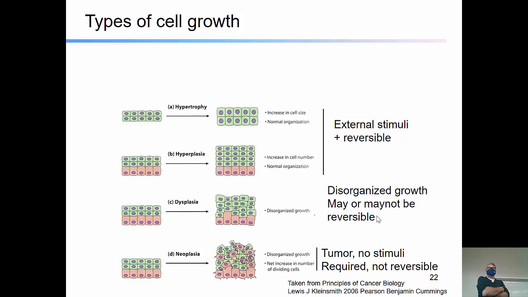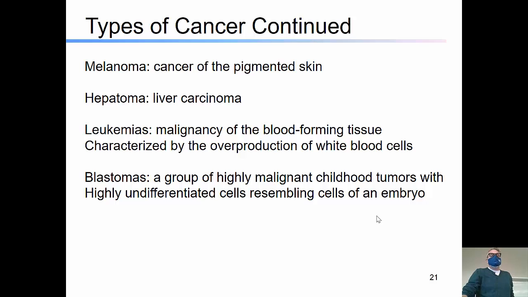So there are different types of cell growth, and the top two are in response to a stimulus. Question: could you explain the difference between the carcinoma and the melanoma? So the melanoma is just a specific type of carcinoma, just like the hepatoma is a type of carcinoma in the liver.